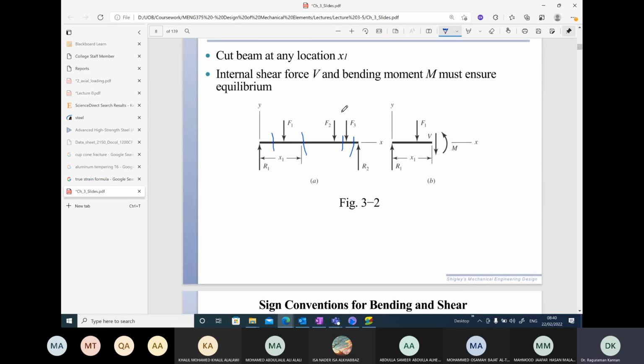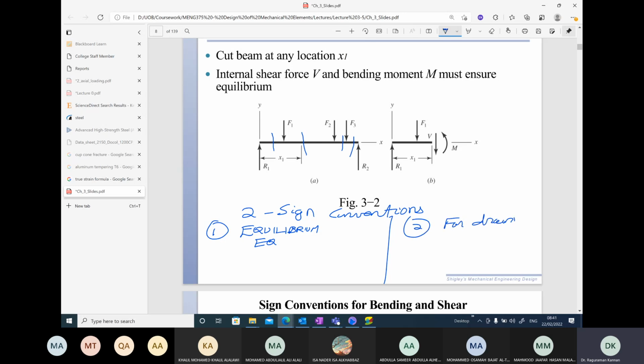When we draw the shear force and bending moment diagrams, there are two sign conventions we should be aware of. What are they? One for writing equilibrium equations, and the second one for drawing shear force and bending moment diagrams.